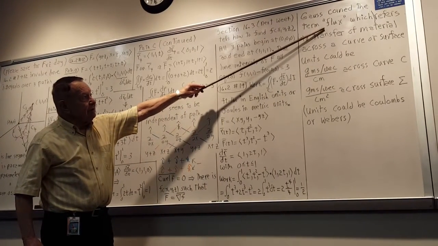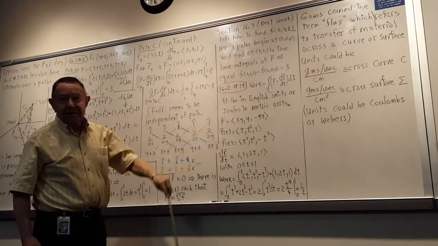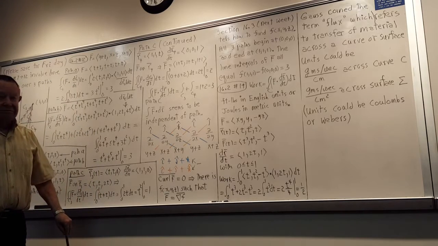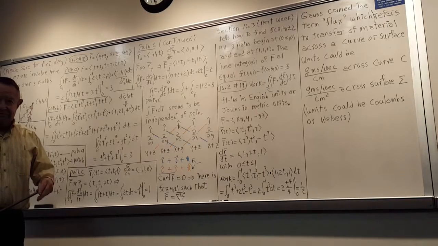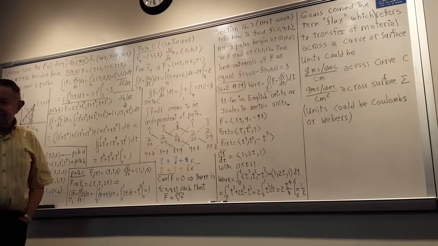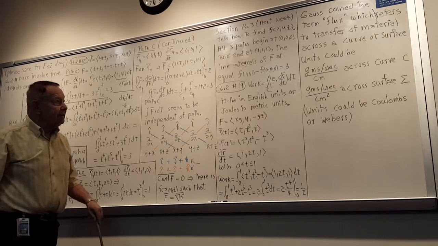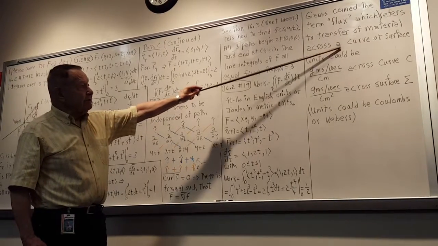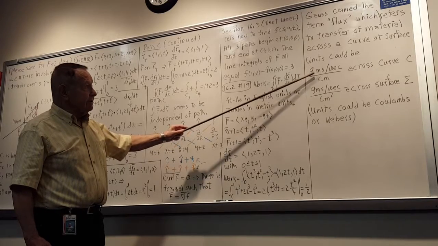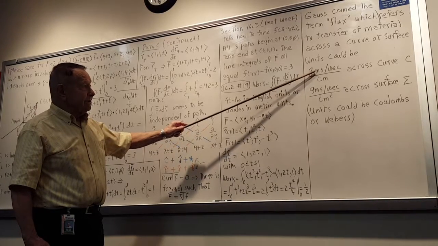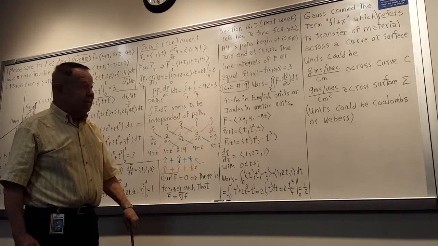So I've used the word flux, which Gauss coined, and it refers to transfer of material, which could be mass, so it could be grams, or, thinking of electric fields, it could be coulombs of charge, something like that. And it can be across a curve or across a surface. If it's across a curve, it could be units like grams per second per centimeter of length of curve.